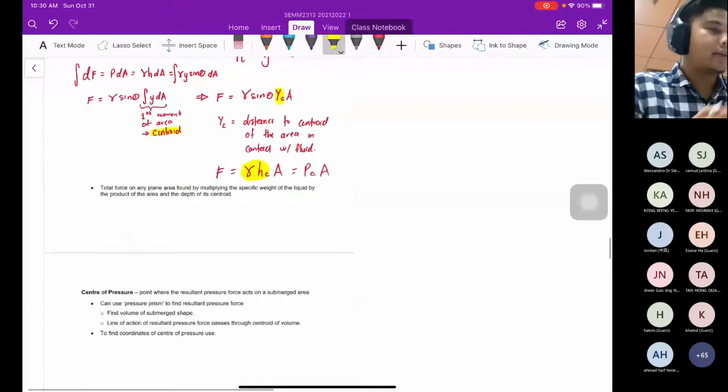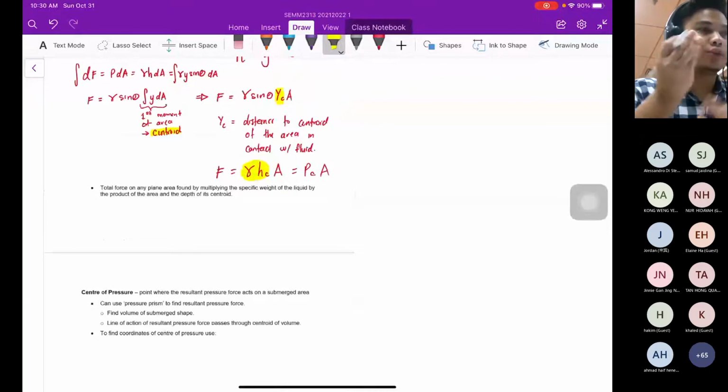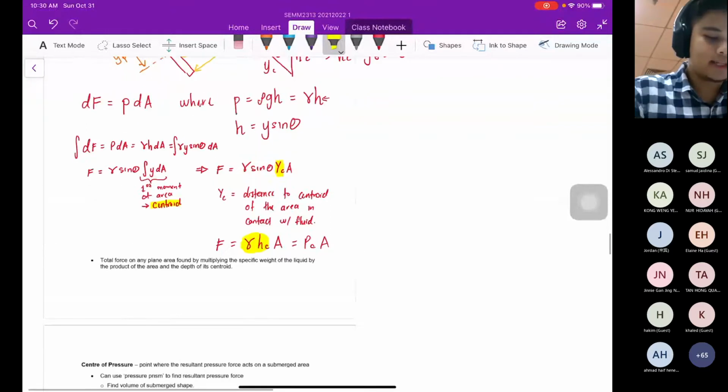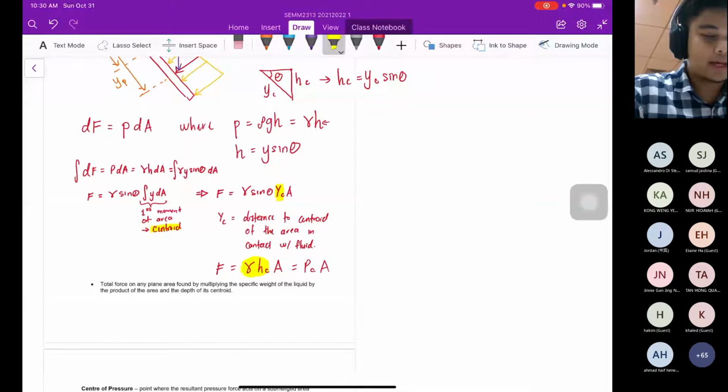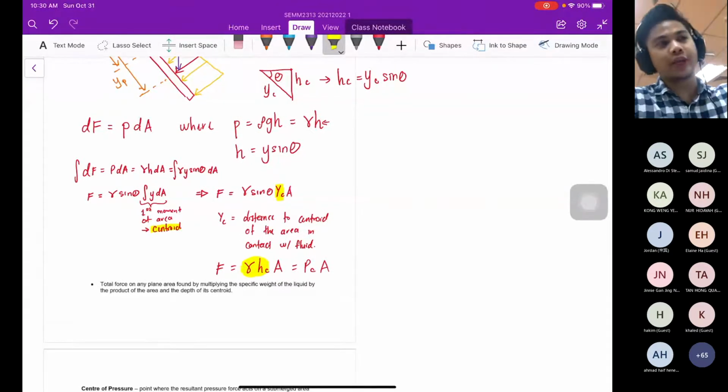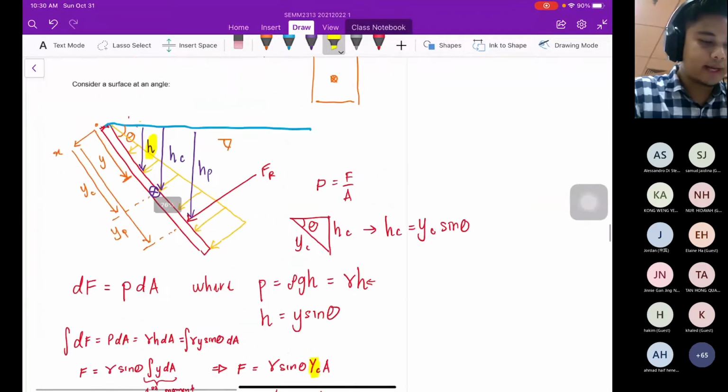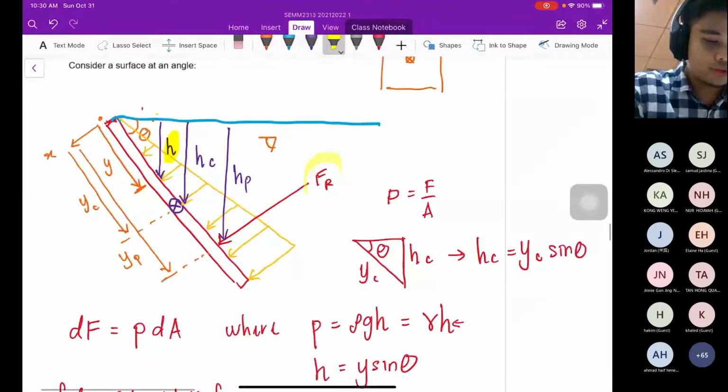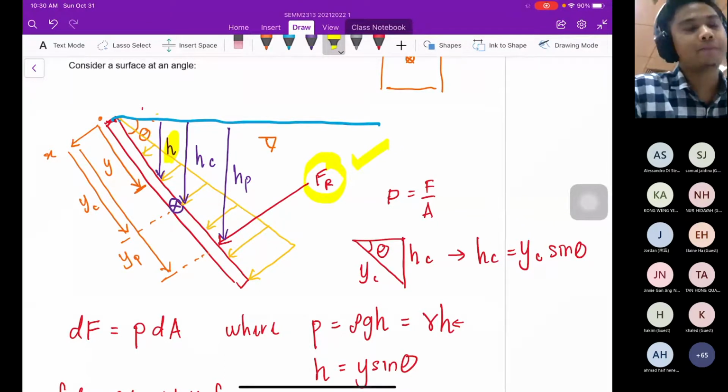Okay, so once we know the magnitude of the resultant force, which is gamma HC multiplied with the total area, how about the direction? Where is the location? Since we know that the FR, the magnitude, we know the value. However, we must know the location because this is vector.